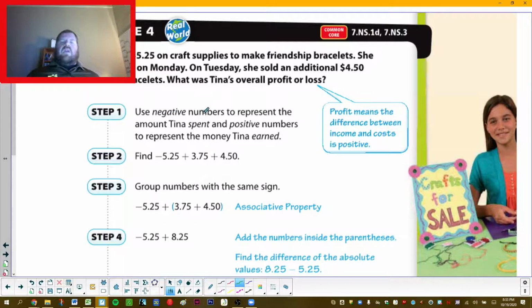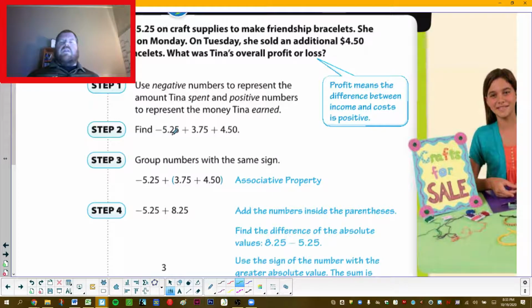So we want to use negative numbers to represent how much she spent and positive numbers to represent how much she earned. So she spent $5.25, and then she earned both $3.75 and $4.50. Group the numbers, so we want to use associative property here.